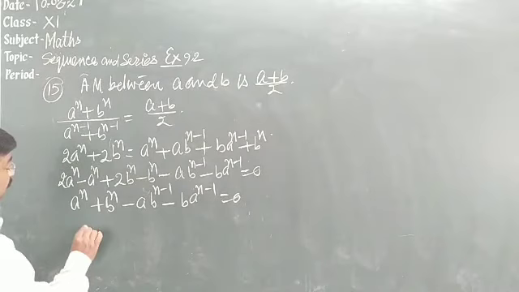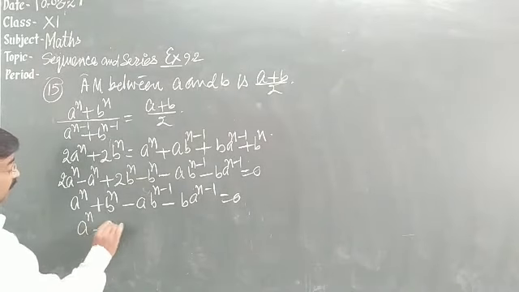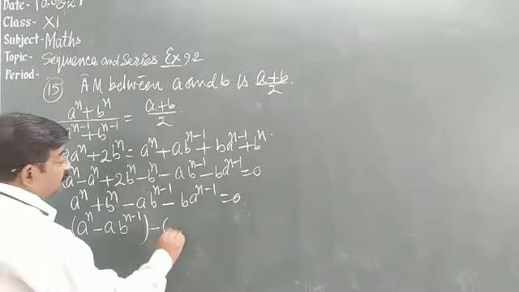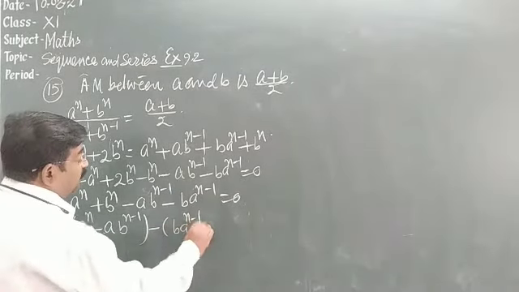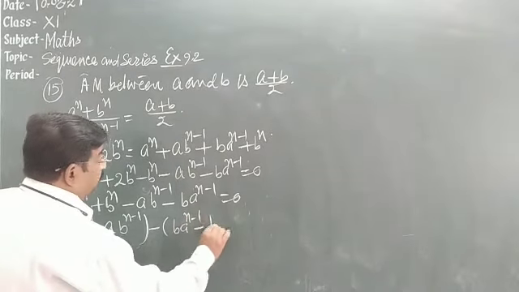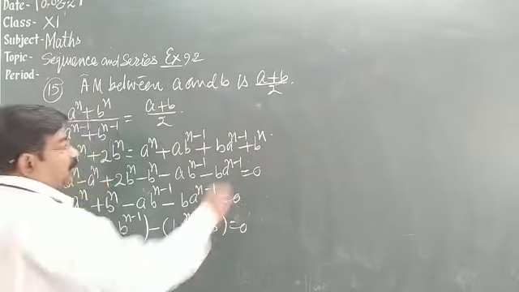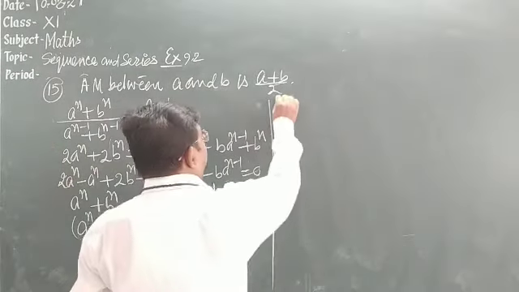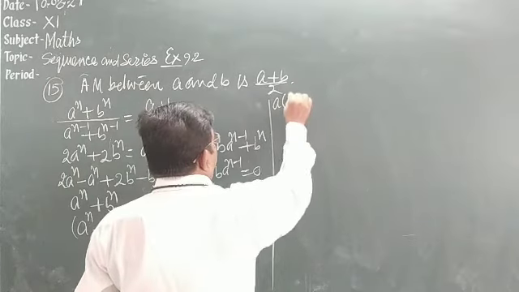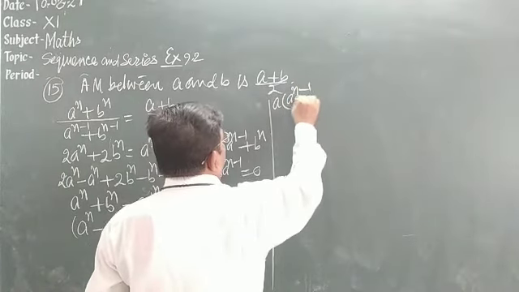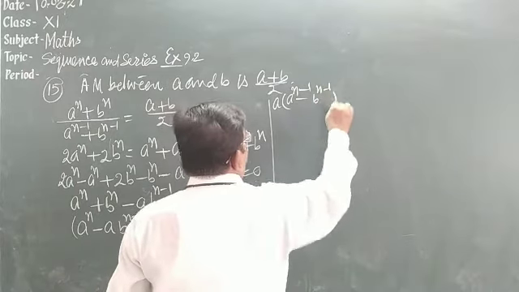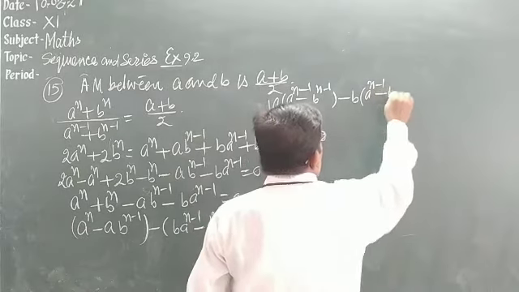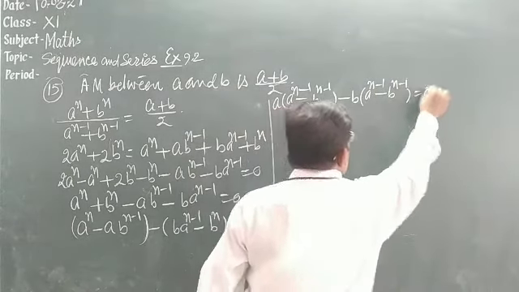So see, a to the power n minus a b to the power n minus 1 together, minus b a to the power n minus 1 minus b to the power n is equal to 0. From here a is common, so we have a times (a to the power n minus 1 minus b to the power n minus 1), and minus b is common, so we have (a to the power n minus 1 minus b to the power n minus 1) is equal to 0.